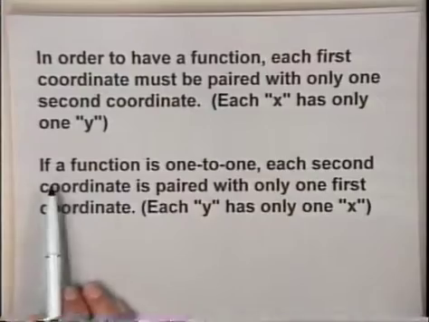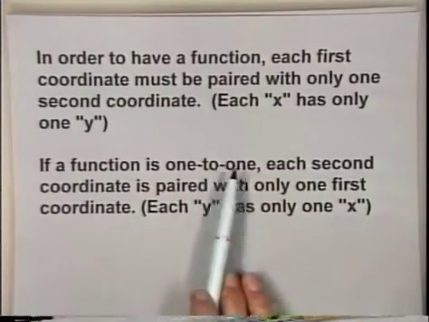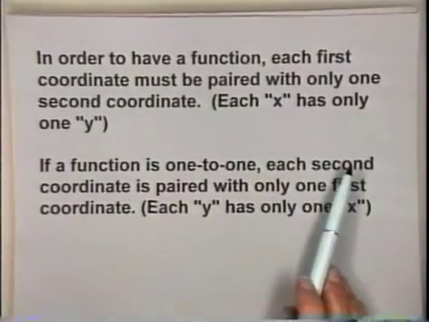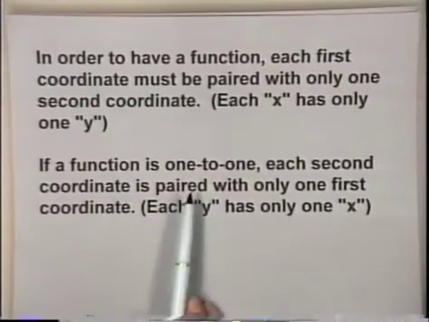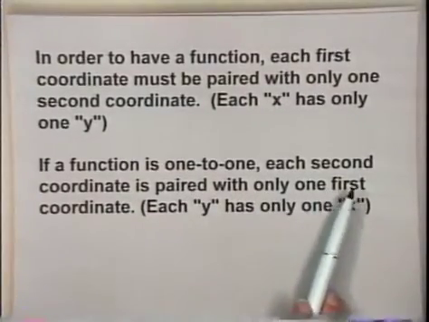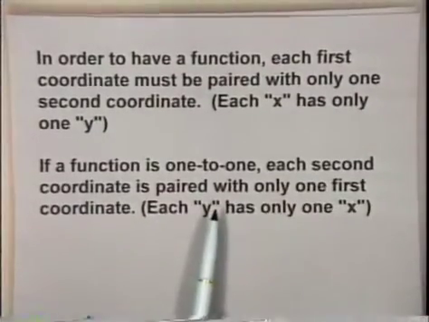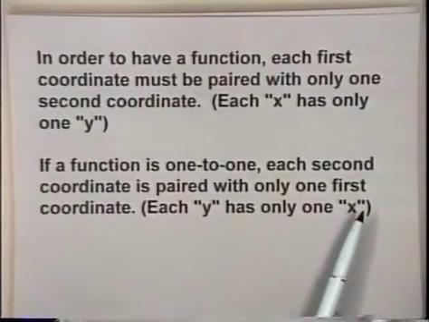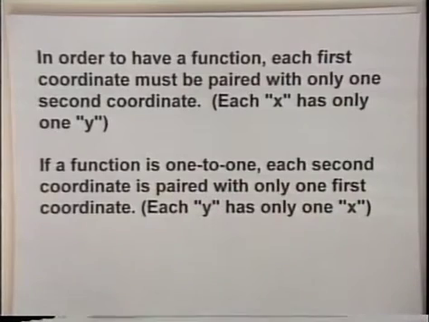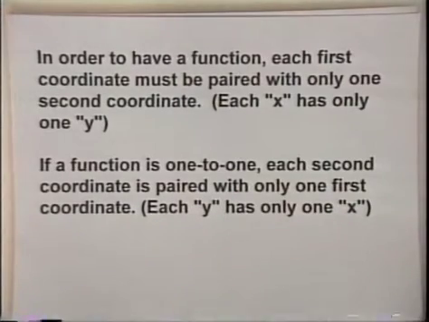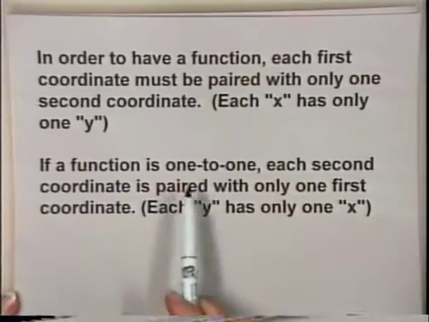Now, if a function is 1 to 1, each second coordinate is paired with only one first coordinate, or in other words, each y has only one x. This second condition is not necessary to have a function, but is necessary for our function to be 1 to 1.